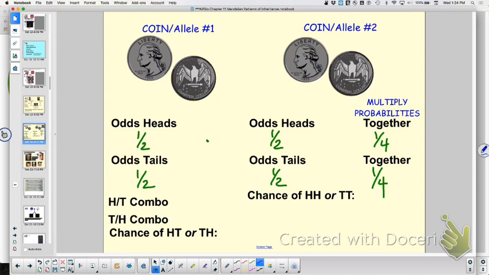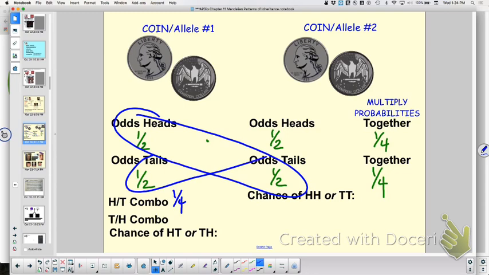If I say I have heads, she has tails, 1/2 times 1/2 is 1/4. Or I have tails, she has heads. That's another way to get that same thing. We add those together. There's 2 different ways to get it. So we can say there's a 1/2 chance we have any kind of boy-girl combo.